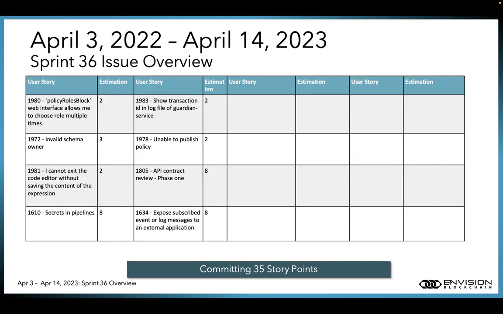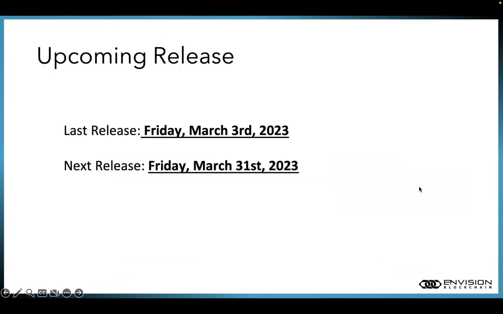We are also working on improving our handling of key management, which is 1610. And then we'll also be working on some of the changes on the API front, which is 1805, and so on and so forth. Talking about the releases, our last release was on Friday, March 3rd, 2023. Our next release will be on Friday, March 31st, 2023.